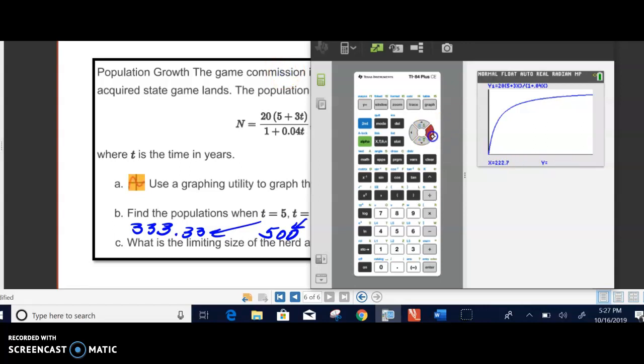As we go further and further to the right, that y value's approaching some number. Let's keep going to the right. What I want you to realize is that it is approaching the horizontal asymptote. The horizontal asymptote gives you the limiting size of that herd.